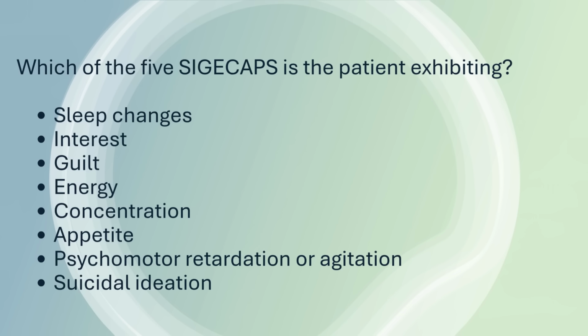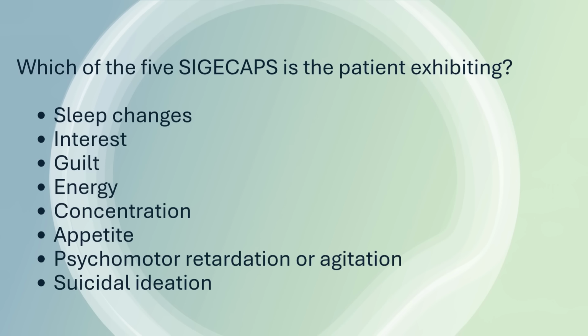It's kind of like if you're doing an assessment and you can't remember what to ask, you're going to ask, have you had any changes in your sleep, which is the S? Have you had any decrease in your interest, which is your I? Have you experienced any guilt? Like, do you feel guilty about your family having to pick up responsibility? Do you feel guilt that you're depressed?